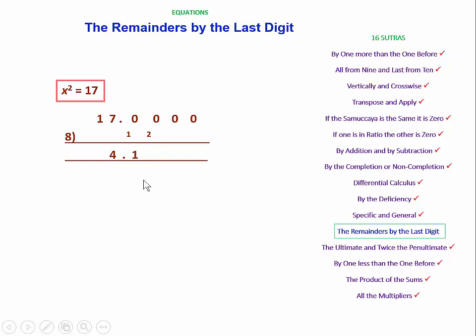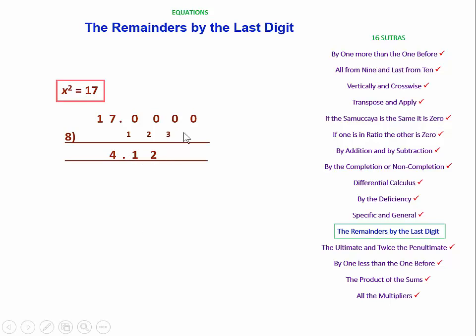Now from here on we always subtract the duplex of the figures after the first figure, the 4, from the next remainder. So we will subtract 1 squared from 20, which is 19, and divide 8 into 19, which is 2 remainder 3. Then we subtract the duplex of the 1, 2 from the 30.